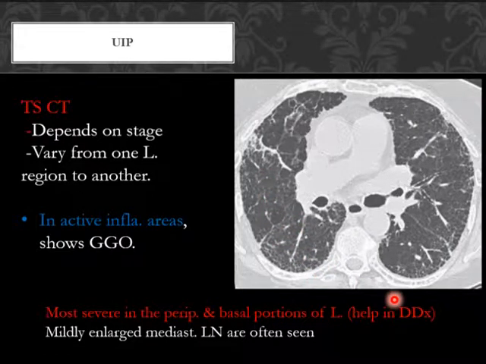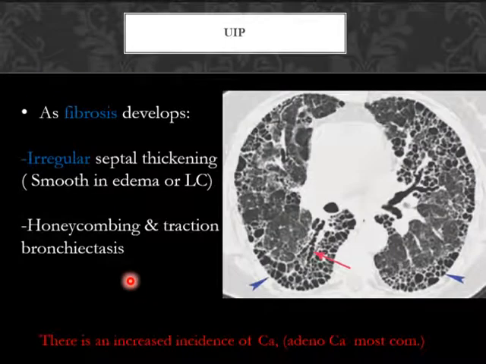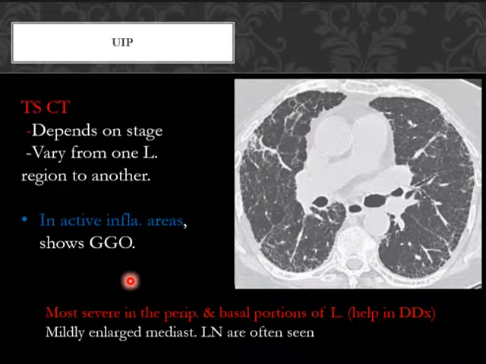It helps in differential diagnosis from other diseases, sometimes associated with mediastinal lymph node enlargement. That's what they call apicobasal gradient. It starts less in the apex and increases as you go to the base. It's one of the most helpful features in diagnosing UIP or IPF.